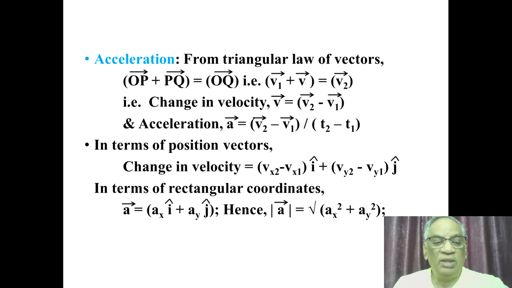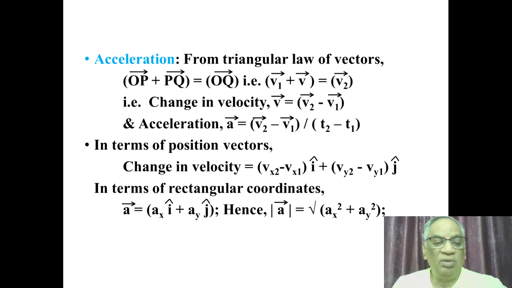In terms of position vectors, again, if you write the change in velocity, v2 bar minus v1 bar can be written as vx2 minus vx1, that is along the x direction, the velocity components at the times t2 and t1. So the change in velocity is given by (vx2 minus vx1) i bar plus (vy2 minus vy1) j bar in the two perpendicular directions.